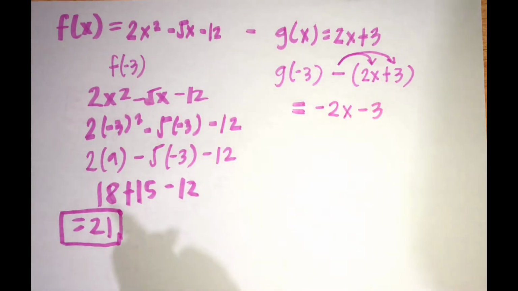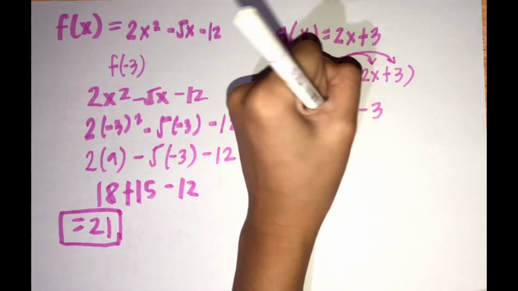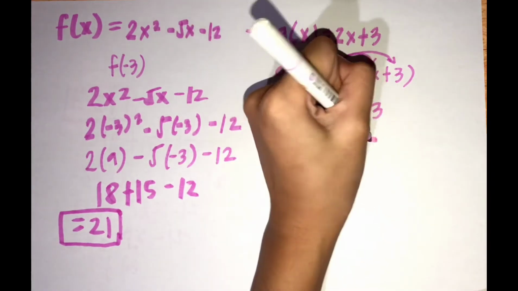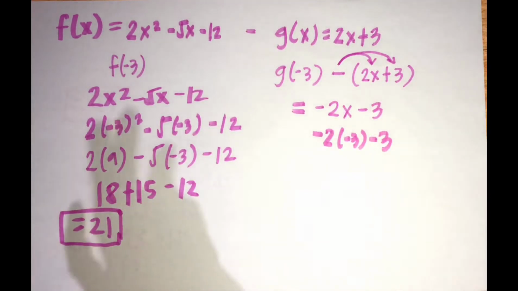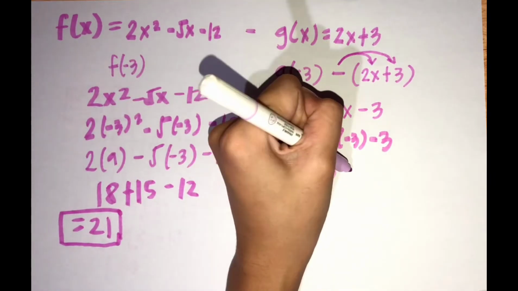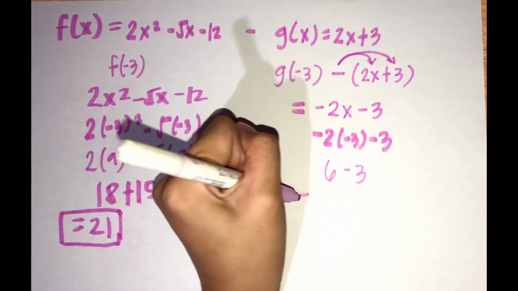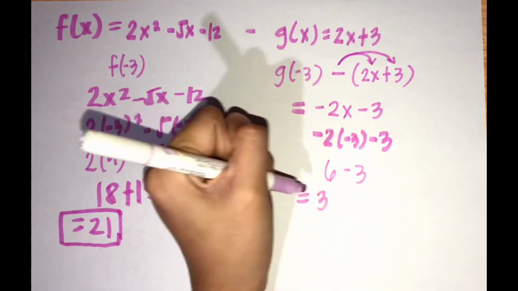After that, we have to replace the x with negative 3. So we'll have negative 2 times negative 3, minus 3. Negative 3 times negative 2 is equal to 6 minus 3. Our g of negative 3 is equal to 3.